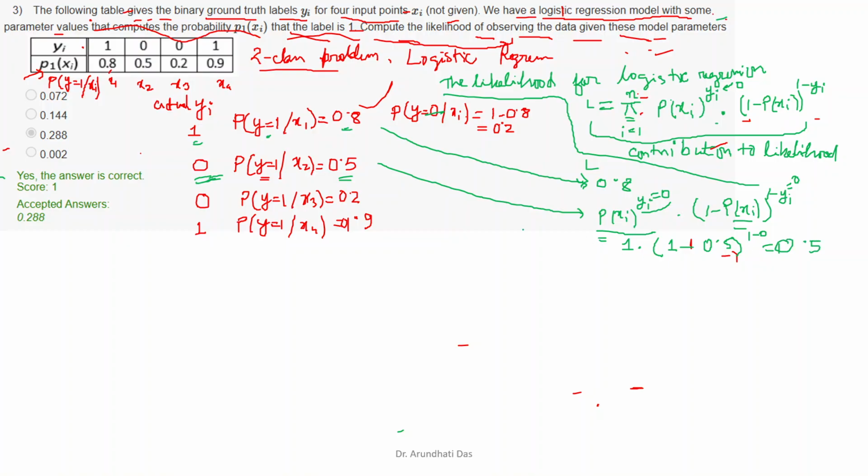Similarly for the third data point, I will substitute everything.